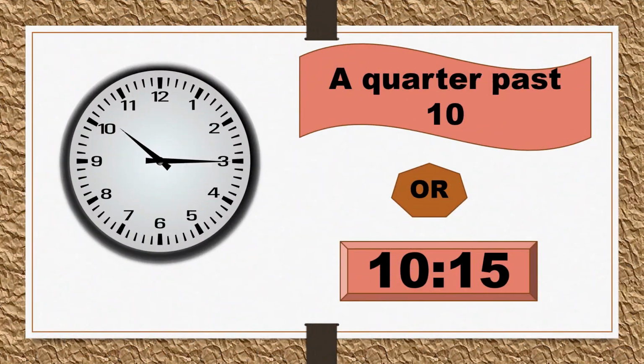In this clock, the minute hand is at 3 and the hour hand is a little after 10. So, the time is a quarter past 10 and we write it as a quarter past 10 or as 10:15.